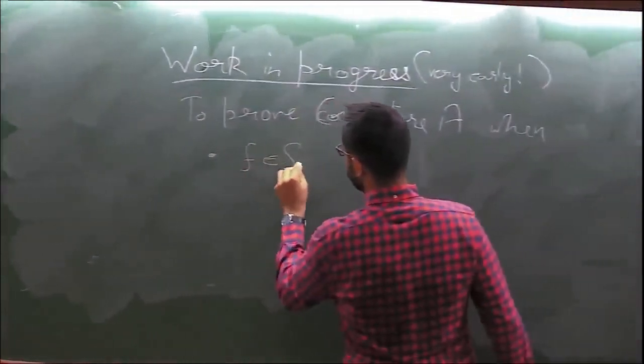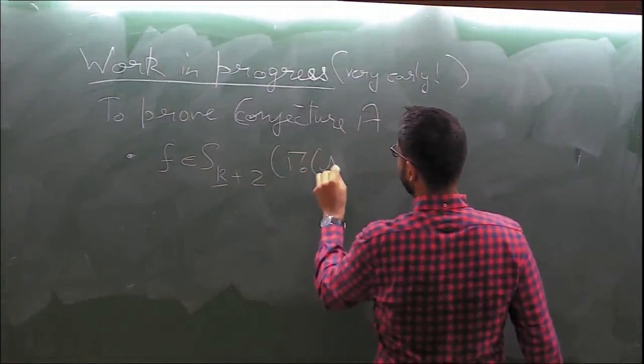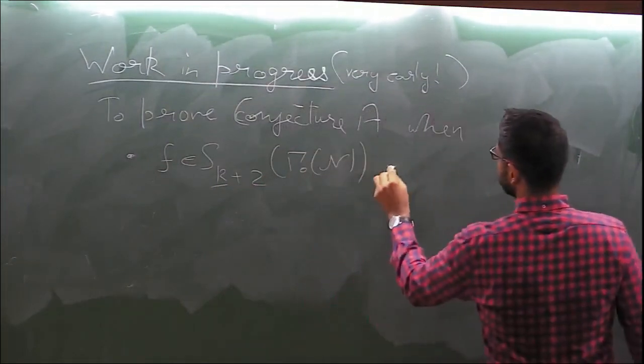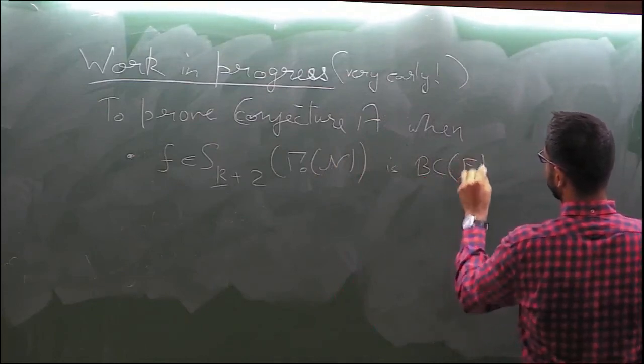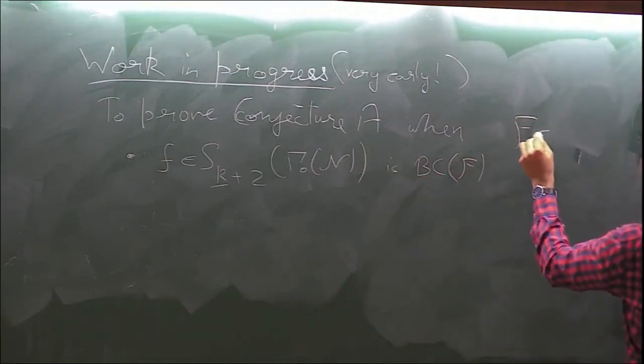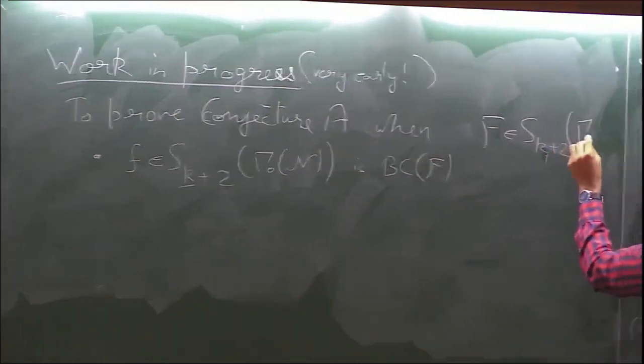There are two scenarios. My form F, this is a Bianchi modular form, is in fact the base change of an elliptic modular form. It's BC of, say, capital F. F is now an elliptic cusp form of level.